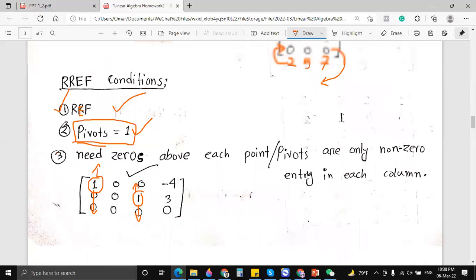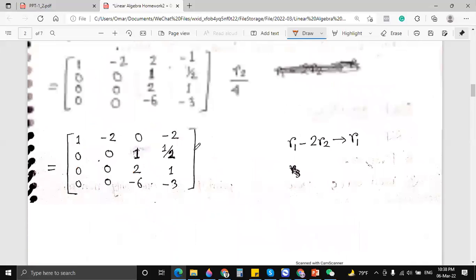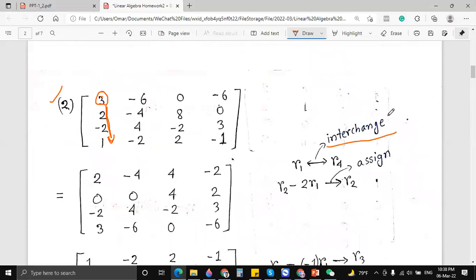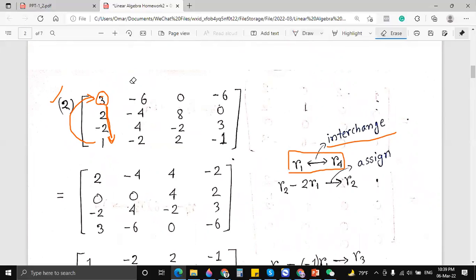Yeah, all the pivots need to become 1. So that's why I interchanged the fourth row with the first row. Yeah, you already noticed, row interchange, row 4. So the reason was our RREF condition.